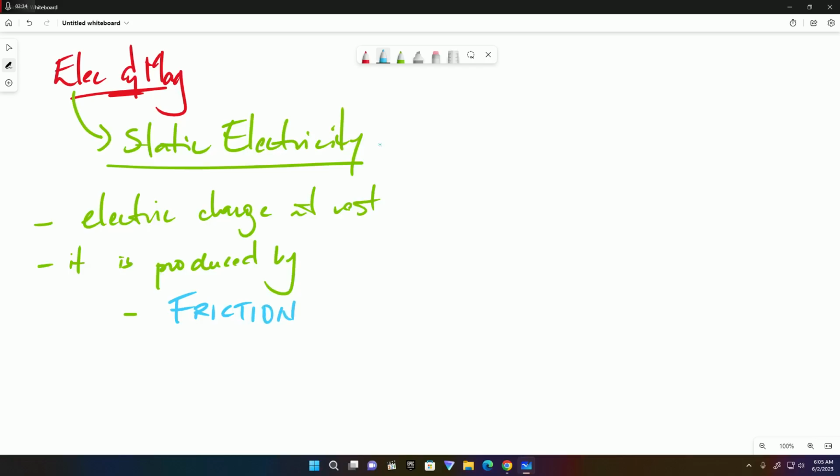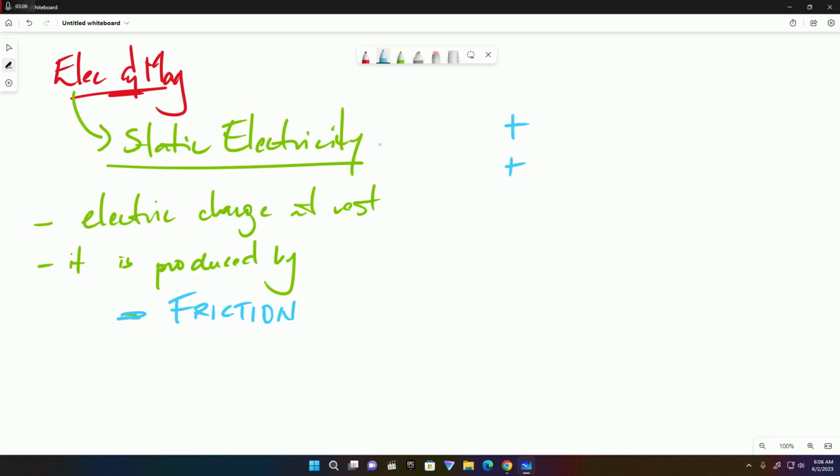F-R-I-C-T-I-O-N, friction. If you rub glass with a dry cloth, or perspex with a dry cloth, or polythene with a dry cloth, one of those materials attracts negative charge and the other attracts positive charge. But that's one way of looking at it.